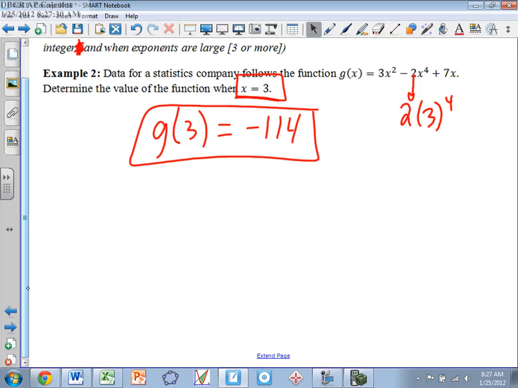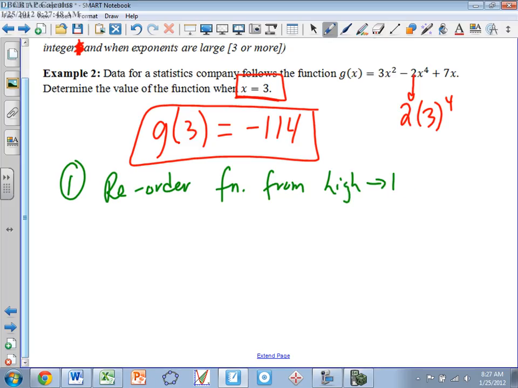First step, reorder your polynomial function from the highest power to the lowest power. It is extremely important that you do this. If you don't reorder it, the process will not work. It only works if it's highest exponent to lowest exponent.